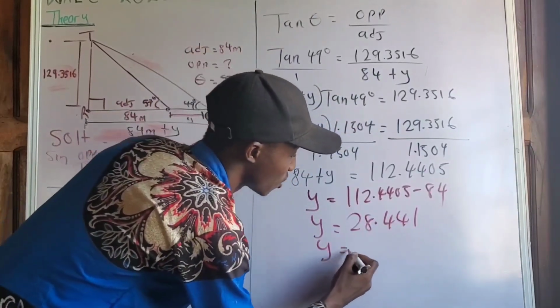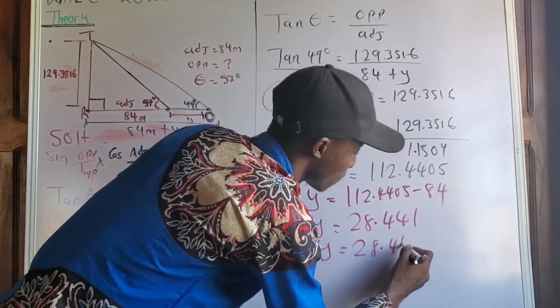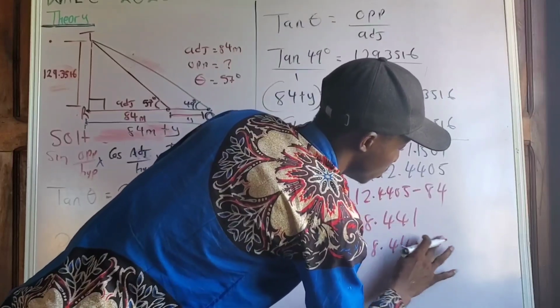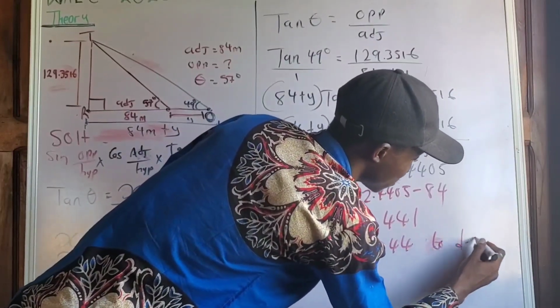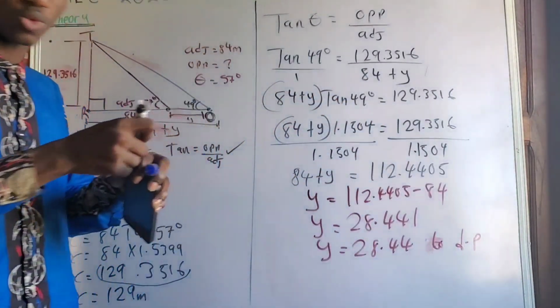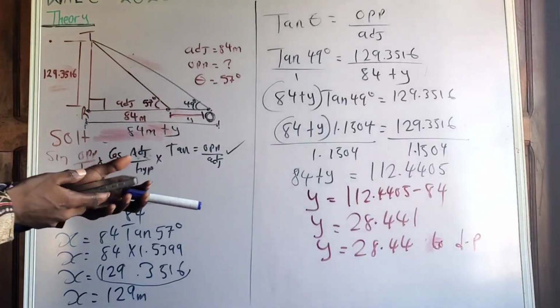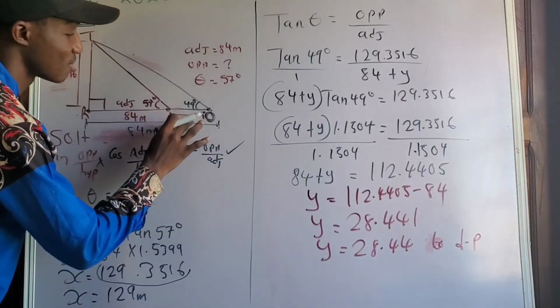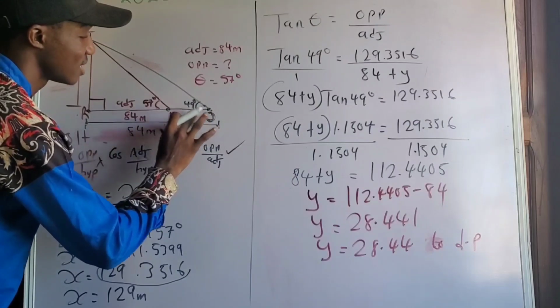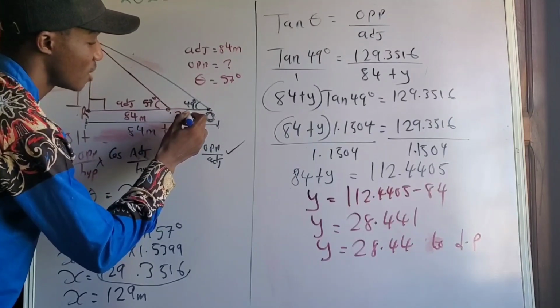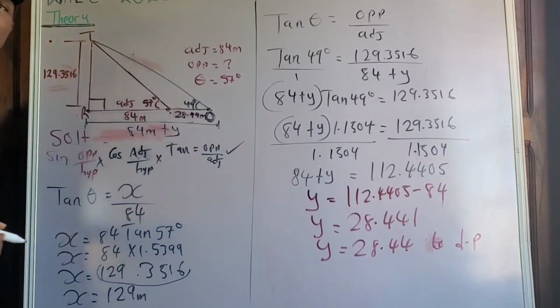So the value of y equals 28.44 to 2 decimal places, because we are asked to leave our answer in 2 decimal places. That is 28.44. Now, that means that the shortest distance between this point is what? 28.44 meters. Do you understand?